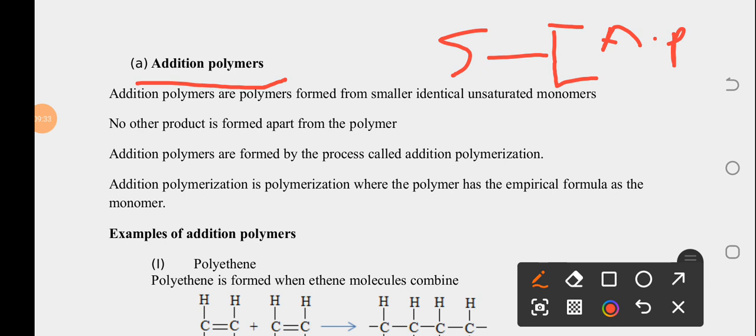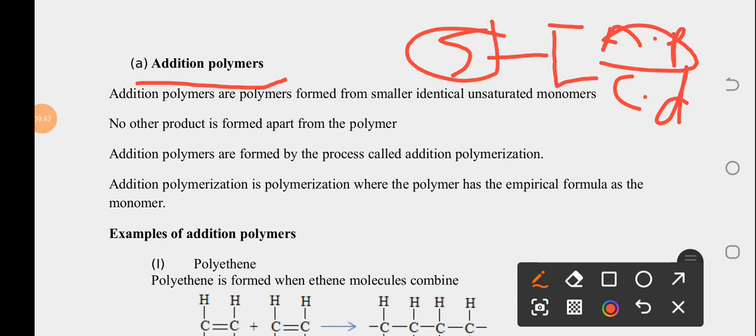Then we also have condensation as a child. Now let's talk about the first one. So when you talk of addition polymers, which are under synthetic polymers, they are saying addition polymers are polymers formed from smaller identical unsaturated monomers.